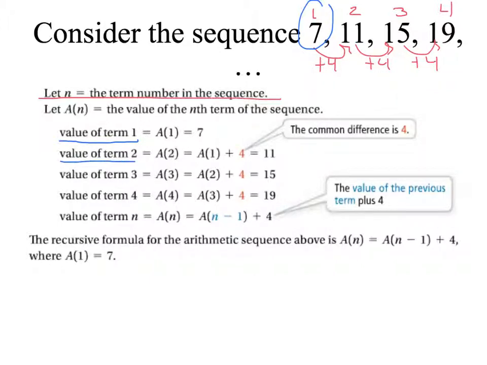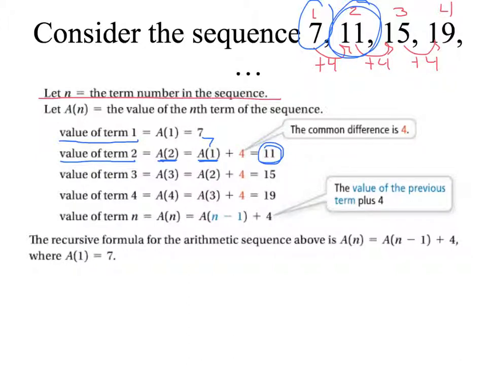Value of term 2. Now we know from up here that the value of term 2 is 11. But instead of just writing 11, because we're trying to write a recursive formula, the value of A2 is we're going to take A1, we're going to take the term before it, and we're going to add on 4, which is our common difference. So the value of A1 was 7. 7 plus 4 is 11.